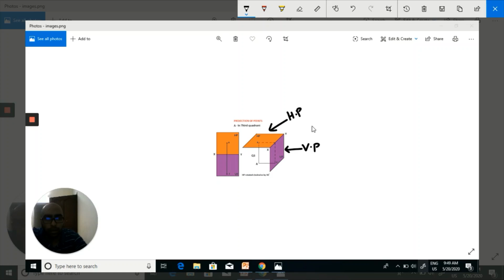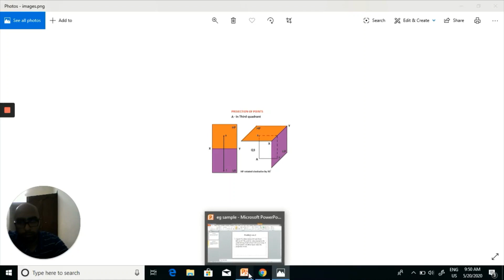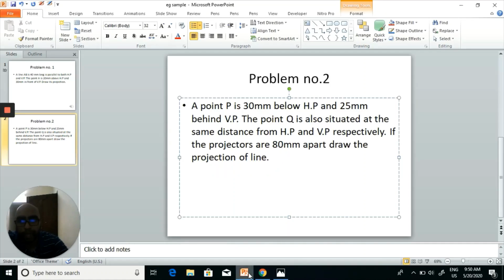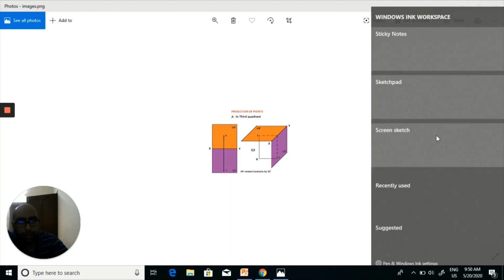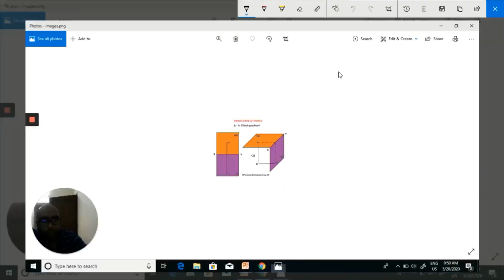In the question it is given that point P is 30 mm below HP and 25 mm behind VP.